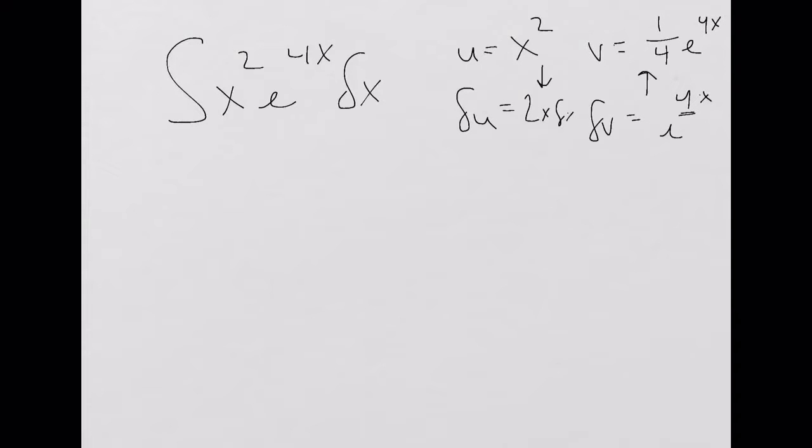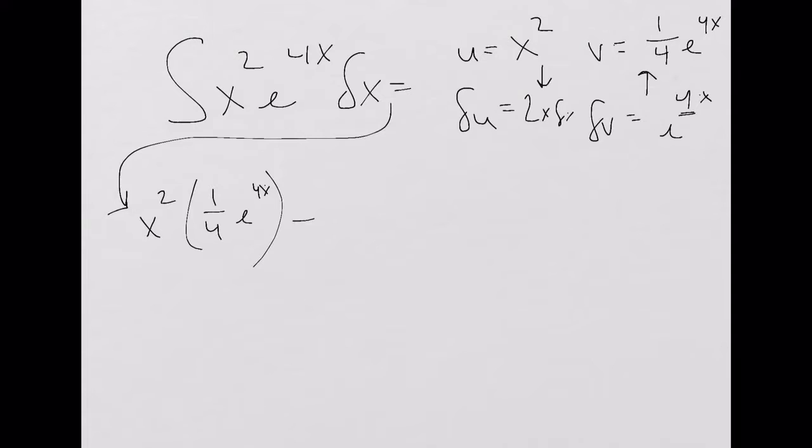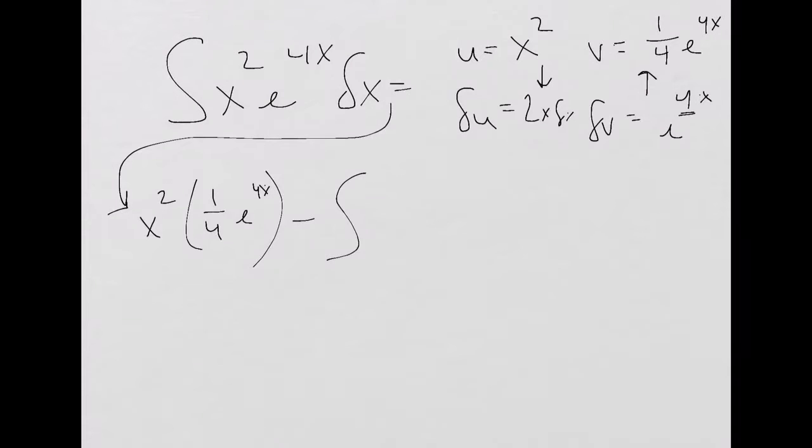So now what I have, using that integration by parts, the uv minus the integral of v du, is x squared. So this is equal to x squared, so uv times 1/4 e to the 4x minus the integral of v du.